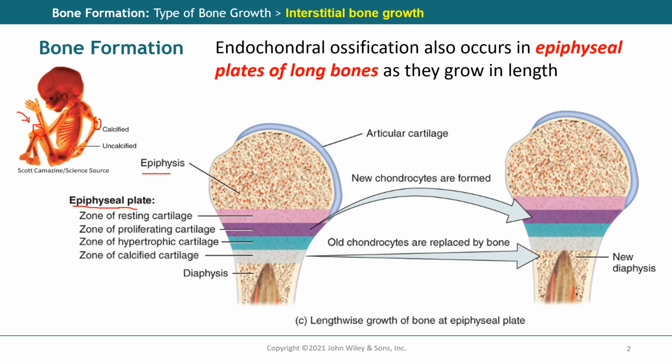From a very big picture, I just want you to remember that we have one, two, three, and four regions in this epiphyseal plate. What is going to happen is that these chondrocytes are going to be replaced by bone. So you create a new diaphysis, the bone starts getting longer, this human is going to get taller, and it is going to displace all these four regions upward.